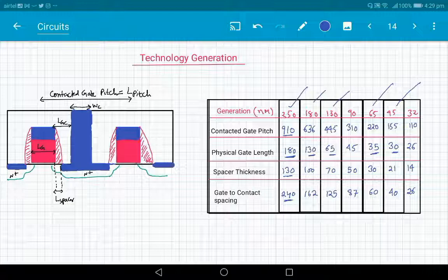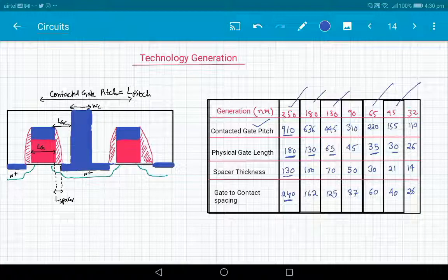And the other thing we can clearly see is the contacted gate pitch. That's a very important parameter. This is the parameter which would determine how dense, how many transistors you can put in a certain area here. So the contacted gate pitch is a very crucial parameter here, and that scales as the technology node number.